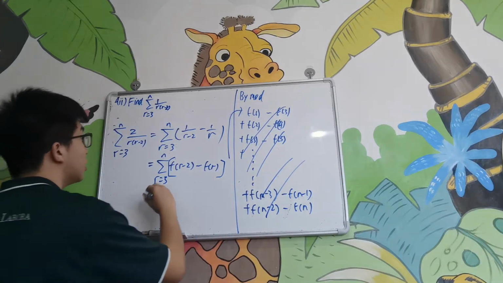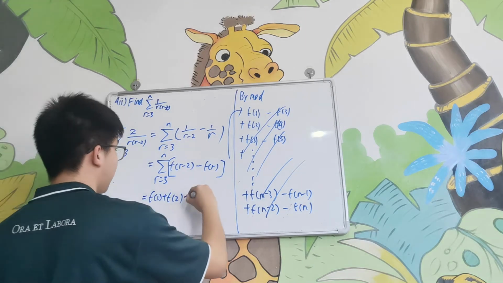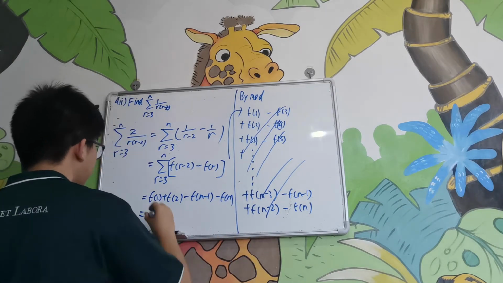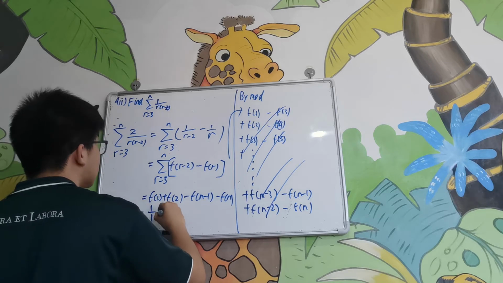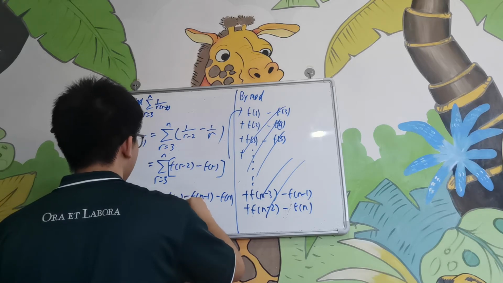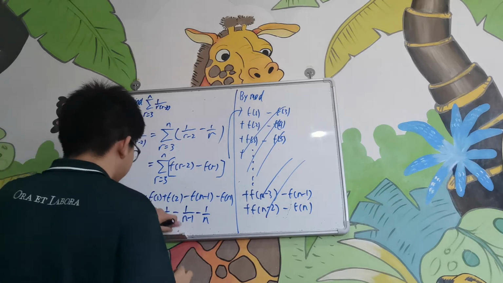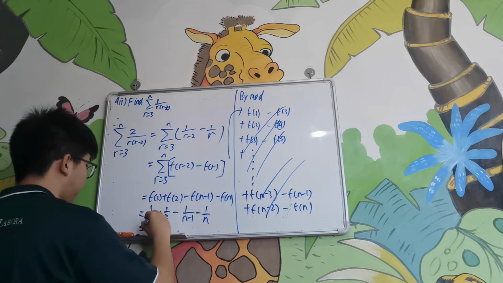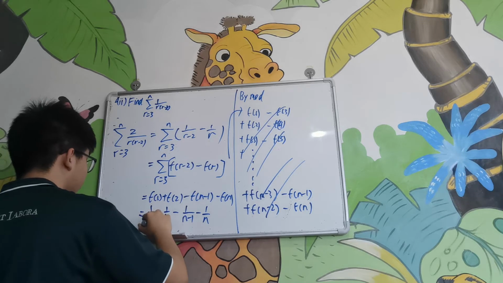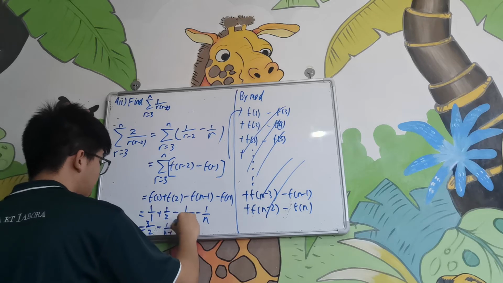So then you go back here, you have f1 plus f2 minus f(n minus 1) minus f(n), which is equals to 1 over 1 plus 1 over 2 minus 1 over n minus 1 minus 1 over n, which is equals to, oops, my math kind of sucks now, 3 over 2 minus 1 over n minus 1 minus 1 over n.